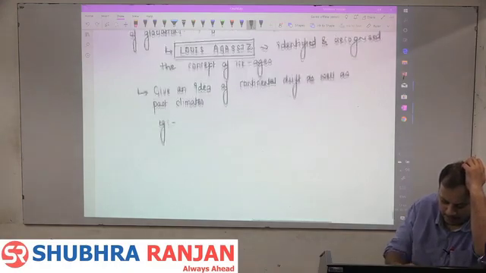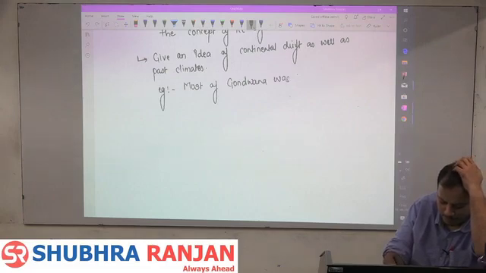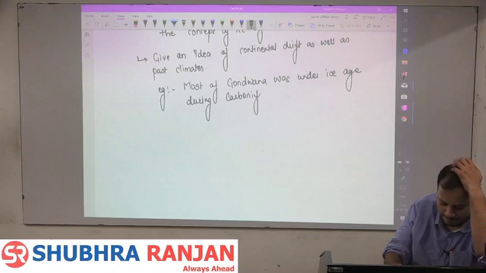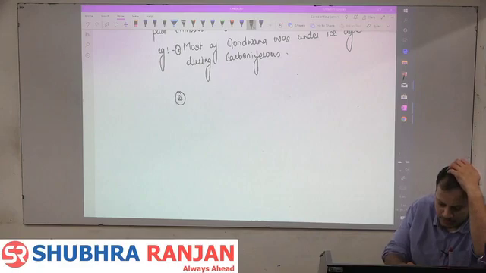Example, most of Gondwana was under ice age during the Carboniferous. Second, there were 4 major ice ages.